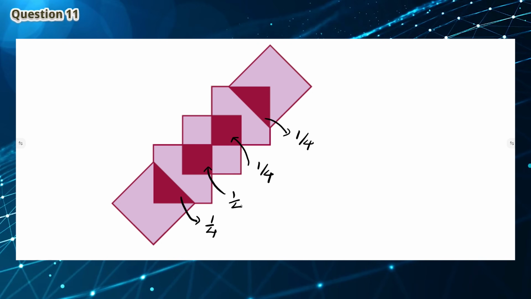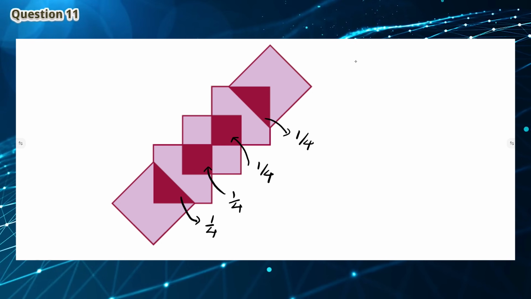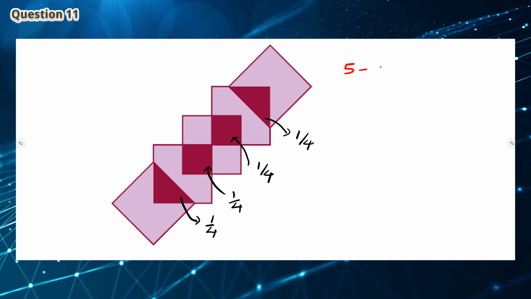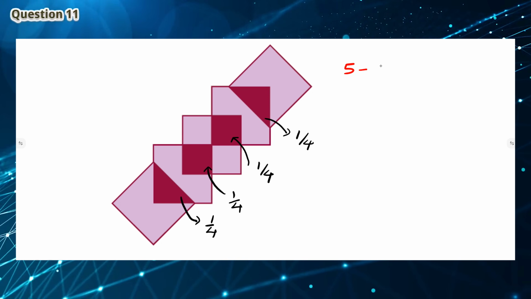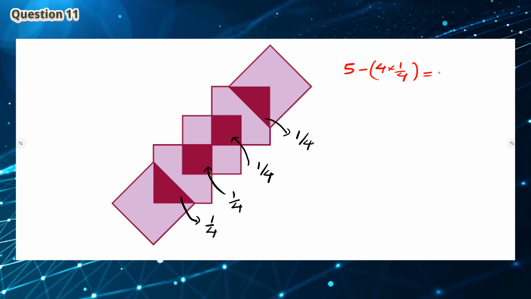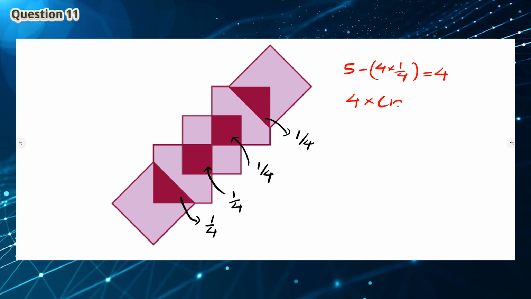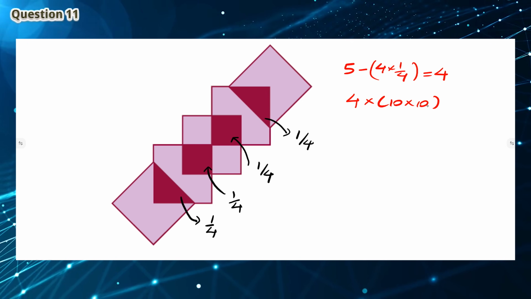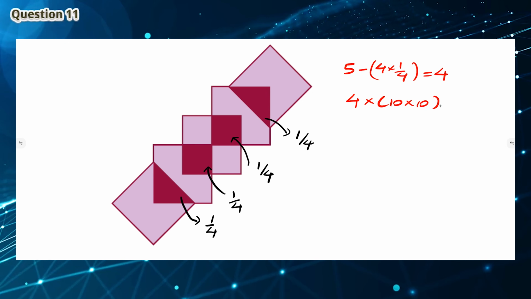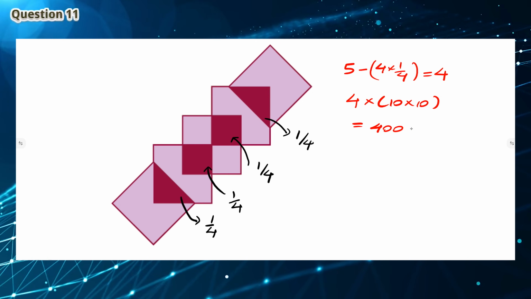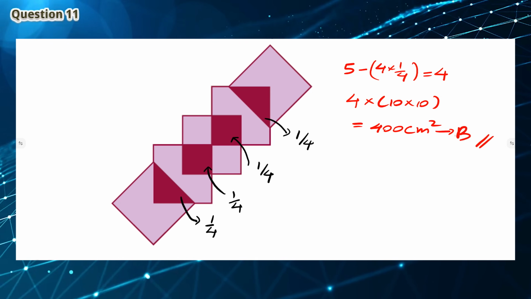As you can see, there are 4 of these 1/4 areas, and there are 5 squares, which means 5 minus 4 times 1/4, which gives 4. As we know that each square is 100 square centimeters, we just times this by 4. This gives a total area of 400 centimeters squared, so the answer is B.